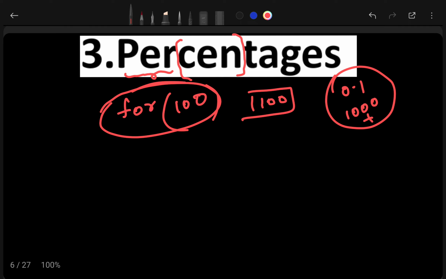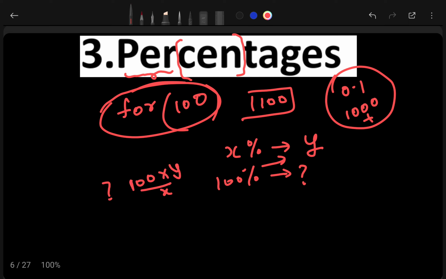He might give that for x percentage it is so and so, and ask what is complete, that is for 100%, how much. Simple, here just cross multiplication. The unknown will be equal to 100 into 5 by x.